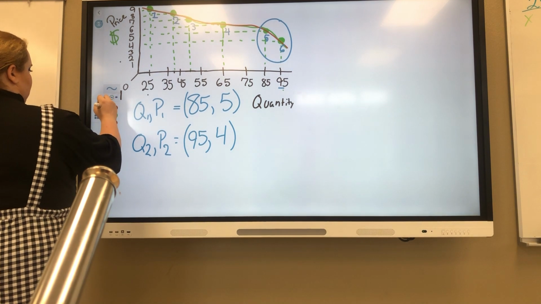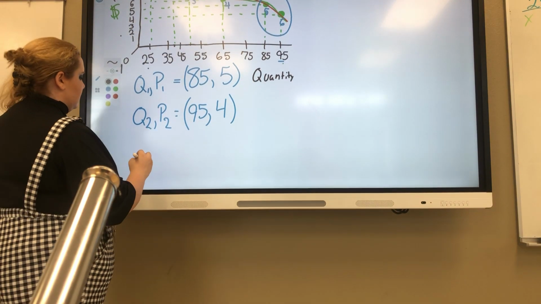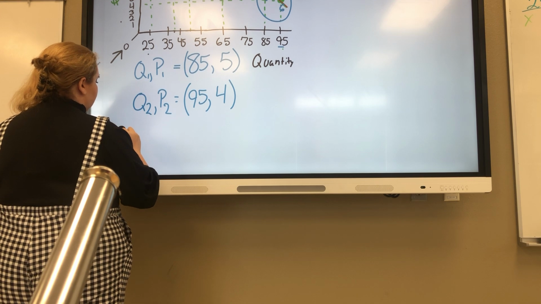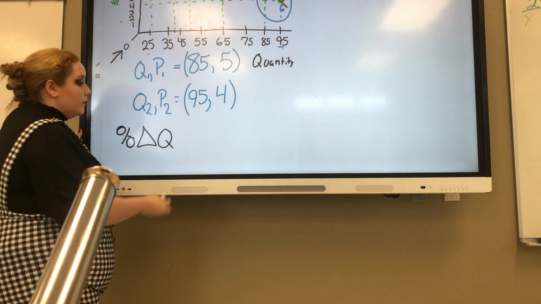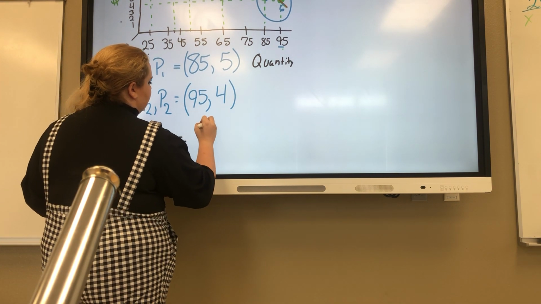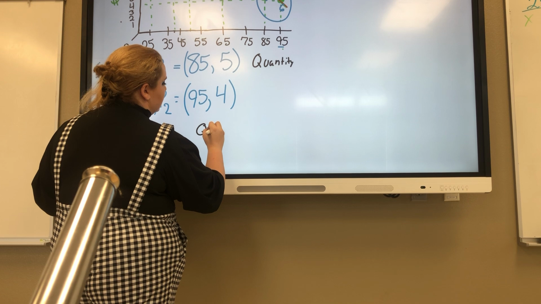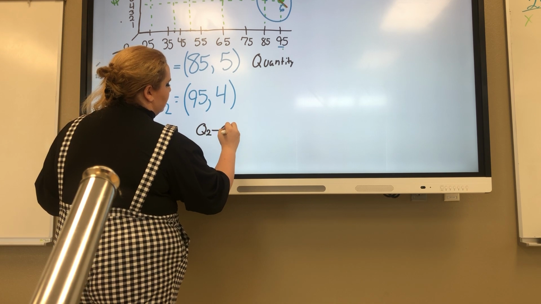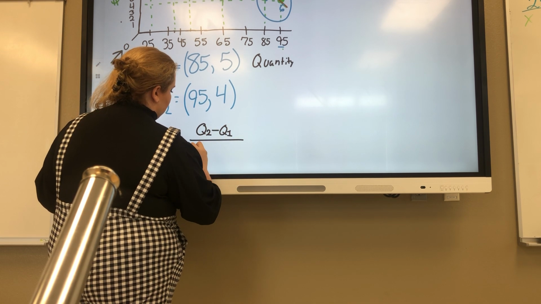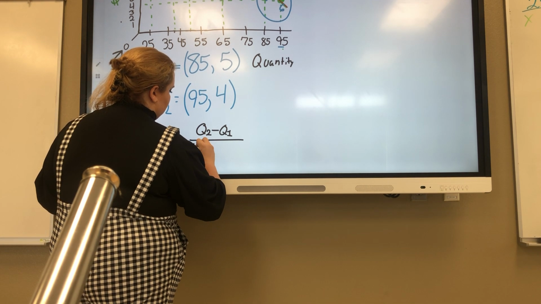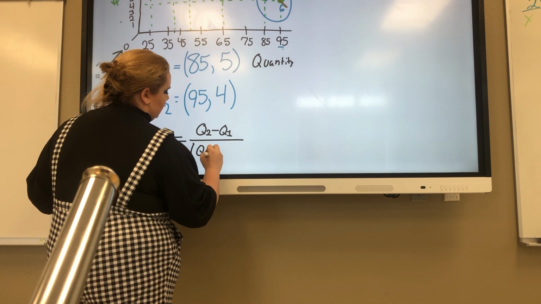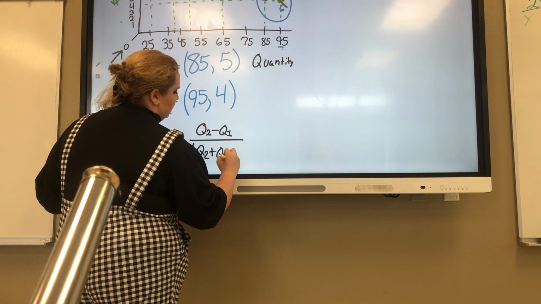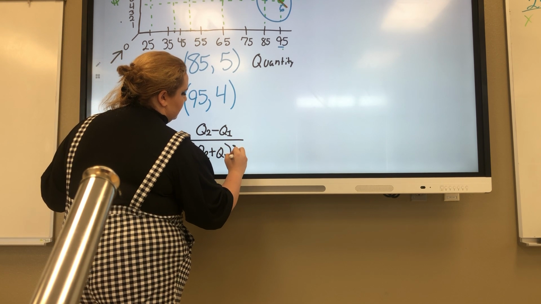So our equation for this states that we have to start by finding our percent change in quantity. We do that by finding Q2 minus Q1 over Q2 plus Q1 divided by 2.